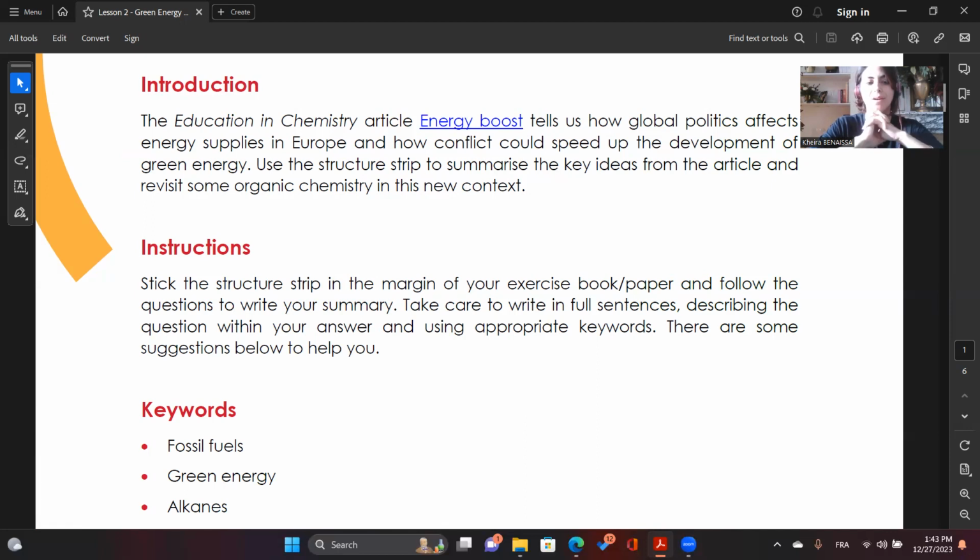We will learn how to structure and synthesize our answers to the questions in the exercise using these keywords.